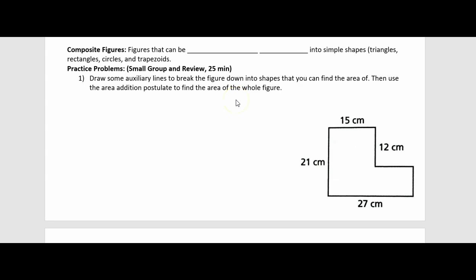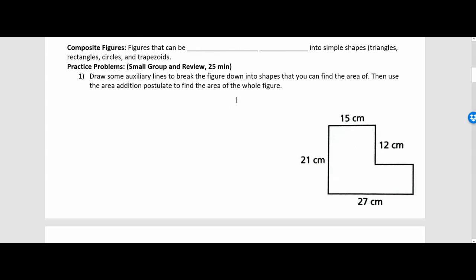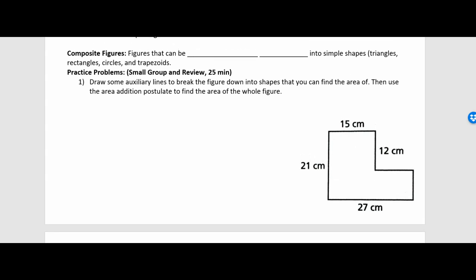Some of them might. They may be some sort of irregular polygon, but some of them might not be polygons. They may have some curved edges somewhere while the other edges are straight. So again, the easiest way to figure these out is to break them down into shapes that we know how to find the area of.